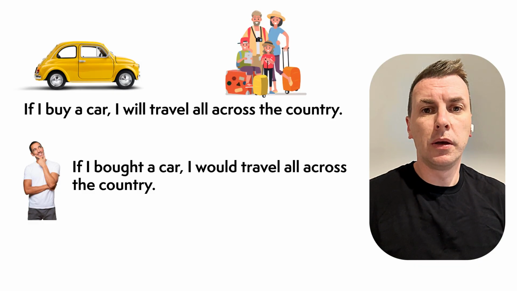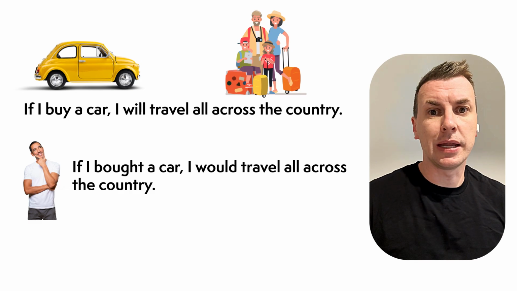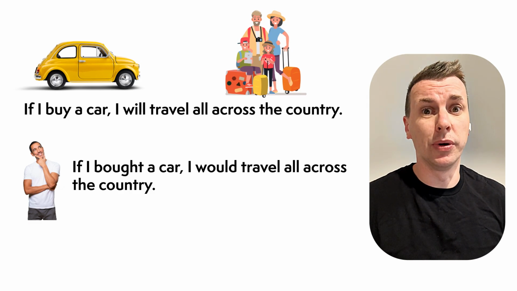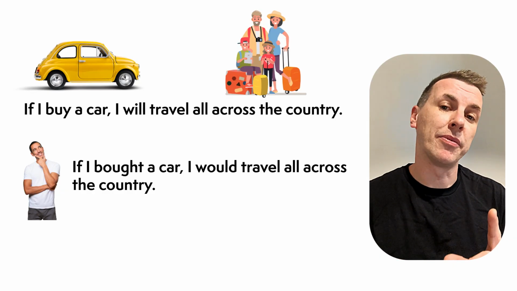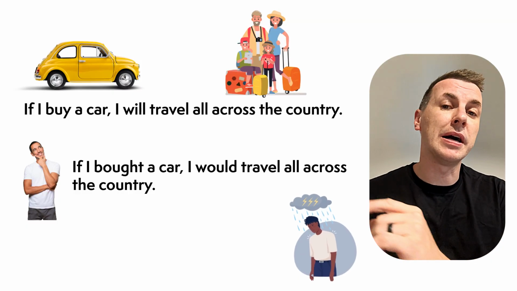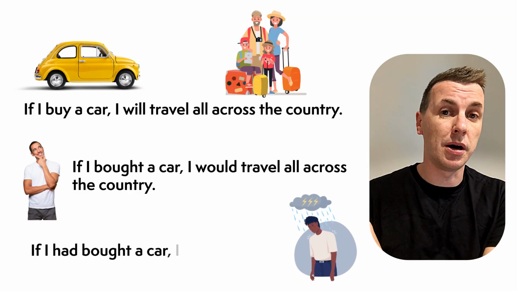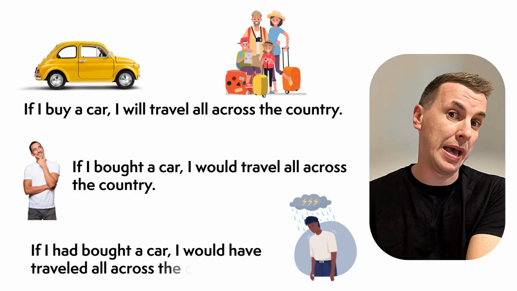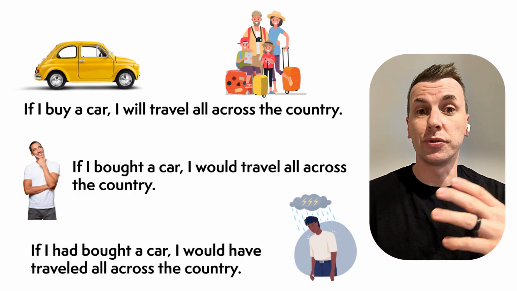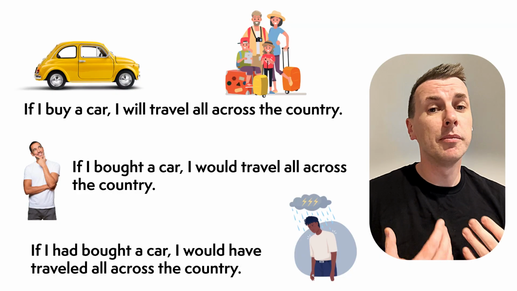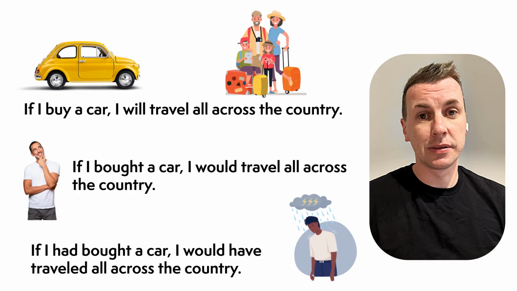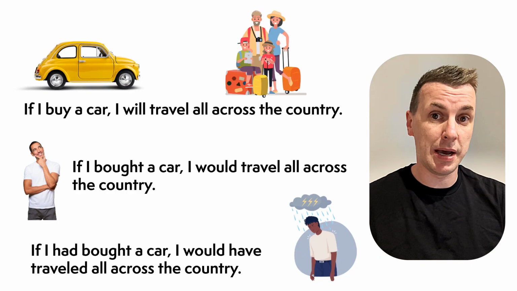Okay. Now, let's imagine that I had a chance to buy a car, but I blew it, or that car was sold to someone else. And I'm saying, if I had bought a car, or if I had bought that car, I would have traveled all across the country. Okay. But now I regret the fact that I didn't buy that car.